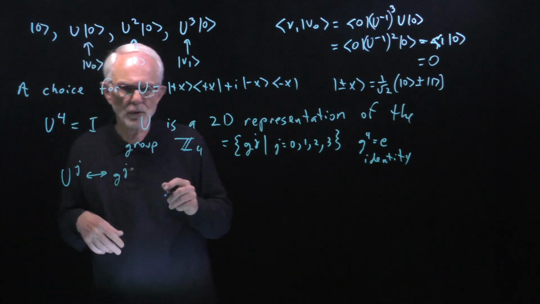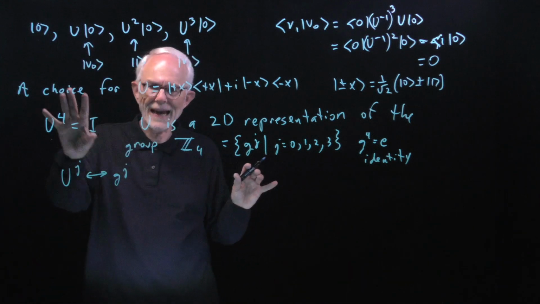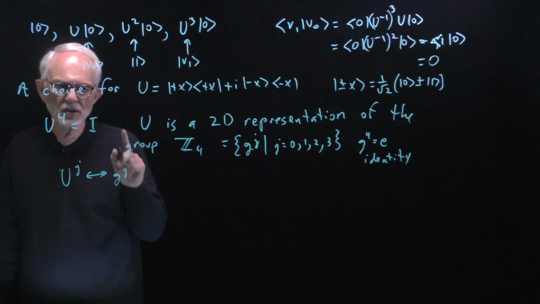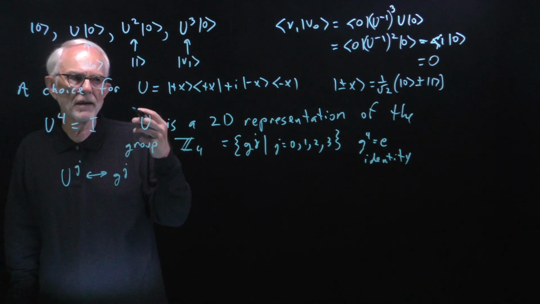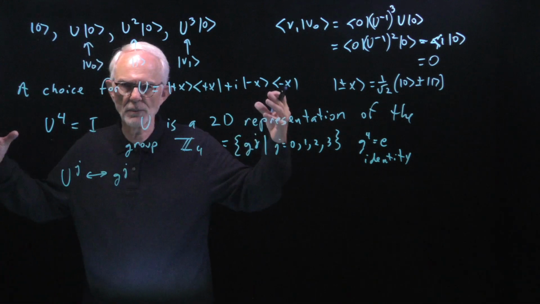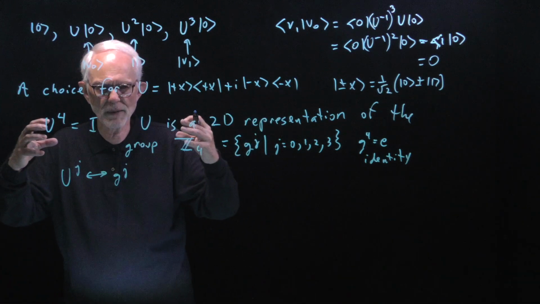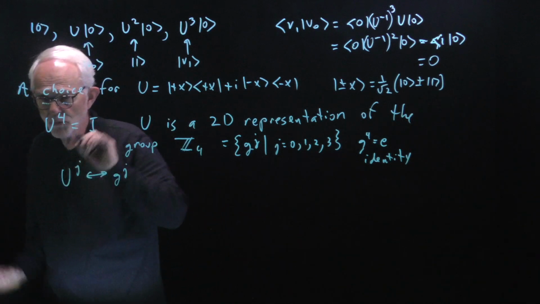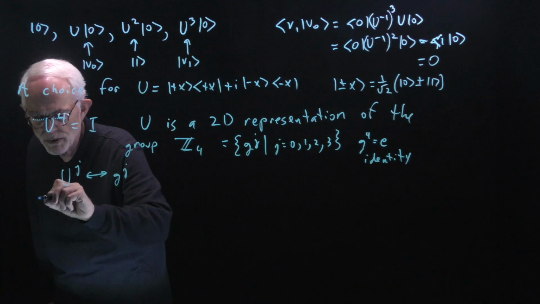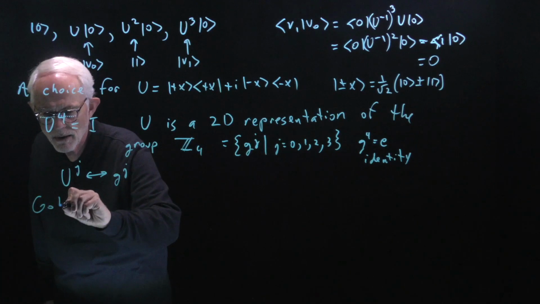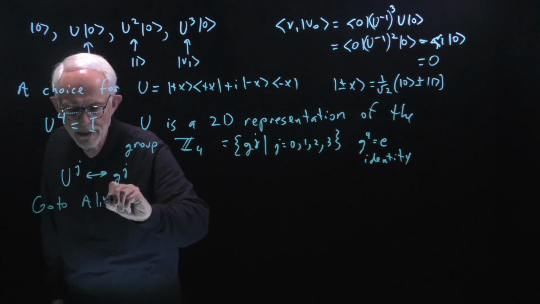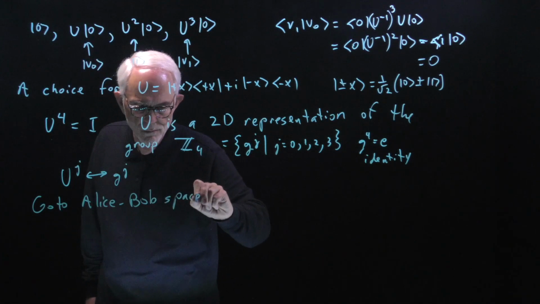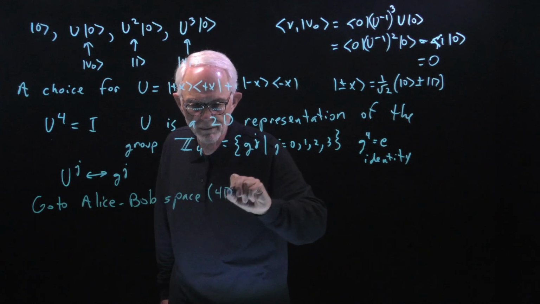Now, this is just for Alice, but we also have to include Bob. Alice is in a two-dimensional Hilbert space, and Bob is in a two-dimensional Hilbert space. We put them together, we get a four-dimensional Hilbert space. So we're going to go to Alice-Bob space, which is four-dimensional.